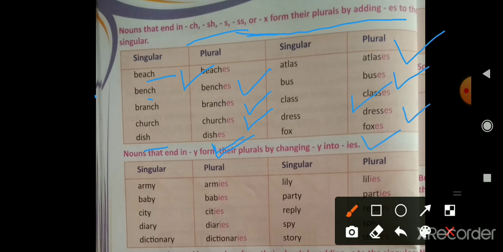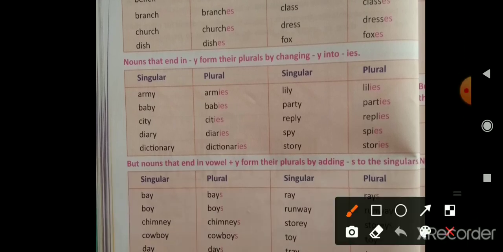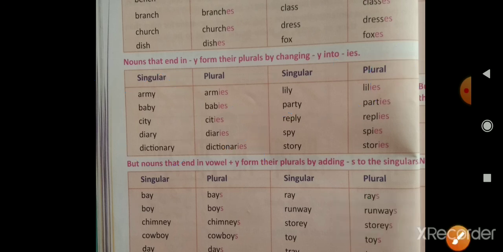Okay, now come to the next rule, or next way, nouns that end in y form their plurals by changing y into ies. Okay, students, there are some nouns or words that end with the letter y. So how will we change it into plural? We will drop y, and we will add ies in place of y to make them plural.